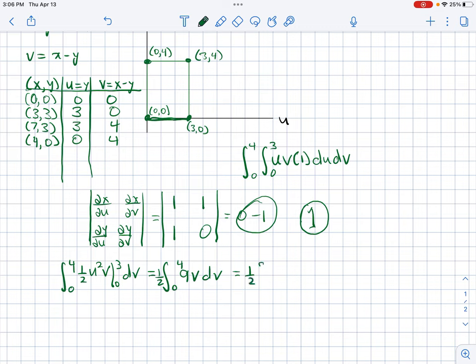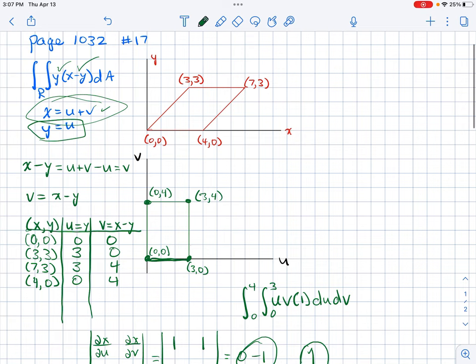This is going to be 9/2 v squared from 0 to 4. That's going to be 9/4 times 16. Now 16 divided by 4 is 4, so this is going to be 36. And there you have it.